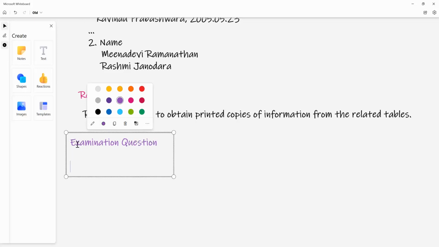First, we'll look at 2017 O levels, question number 5.